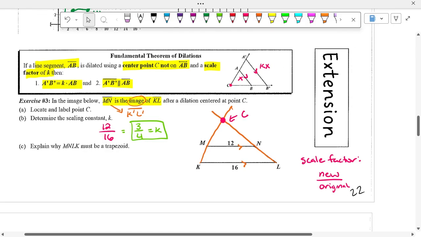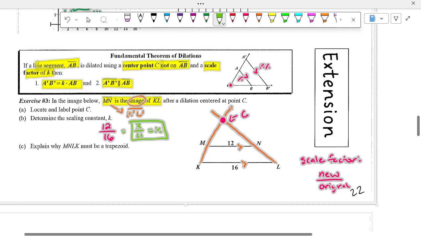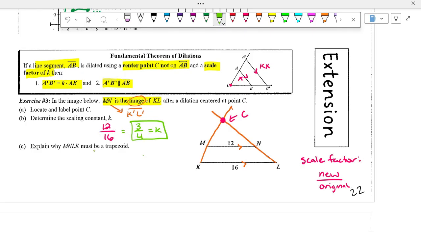Now, let's take a minute and check that. I'm not worried about part C, because that's a Math 3 thing, so we don't need it. But let's check this. We're going to take 16 and multiply it by 3 over 4. Let's put that 16 over 1 so we have fractions. Who remembers how to multiply fractions?